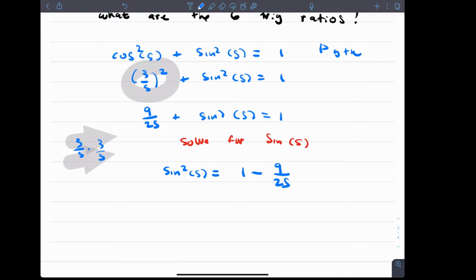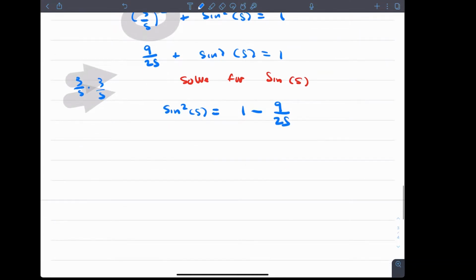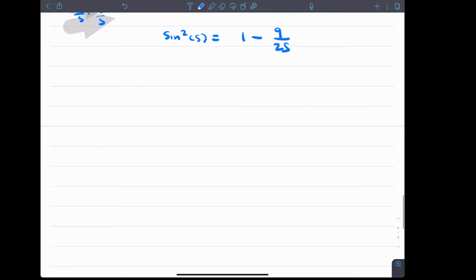So far, so good? Do you remember how to subtract a fraction from a whole number? There's kind of a nice trick, especially if the whole number is 1. You know what you do? Remember, if you're going to subtract fractions, what do you need? They have to have the same denominator. Is that true? So can I replace this 1 with 25 over 25? Isn't that the number 1?